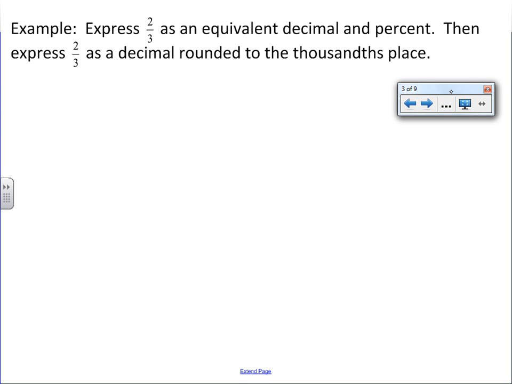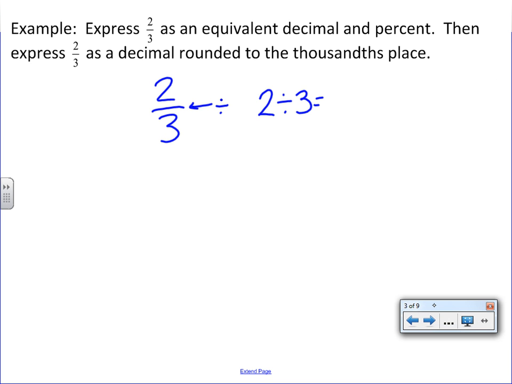It asks us to express 2/3 as an equivalent decimal and percent. Then express 2/3 as a decimal rounded to the thousandths place. So when we do this, we want to express it as a decimal. We know that in 2/3, this bar right here literally means to divide. So I'm going to have 2 divided by 3, and when I do that, that gets me 0.666666.